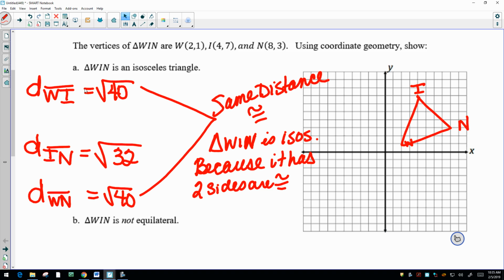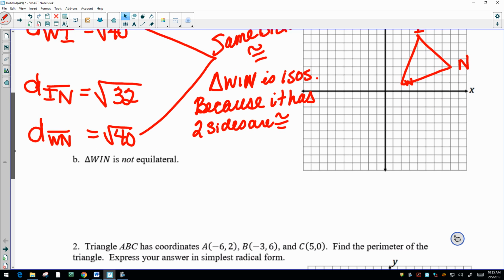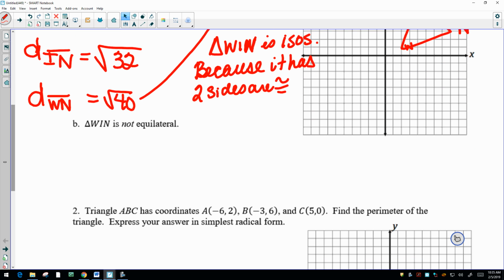We've already done all the work in part A. All of your calculations are done to answer part B. Part B just says, show it's not equilateral. So how could I conclude that it's not equilateral? Good.